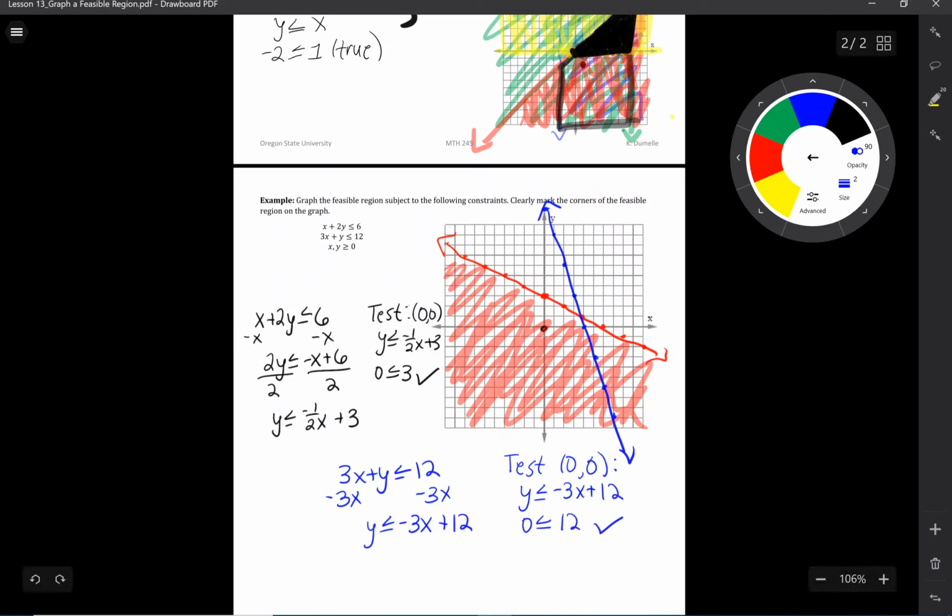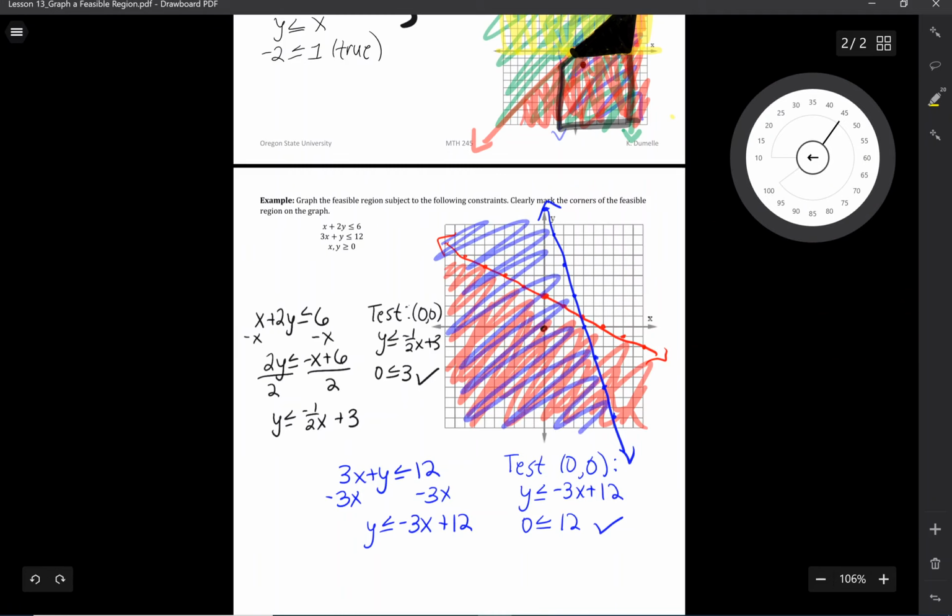So I need to shade in the side that has the point 0, 0. And that gives me this region right here. Of course, we want to focus on the intersection of the two regions, which we can see pretty clearly.